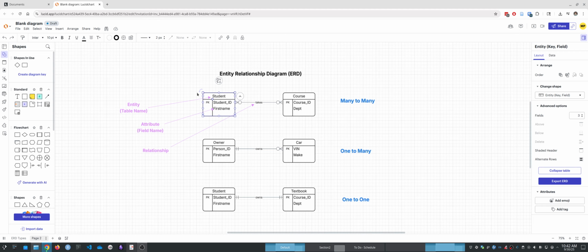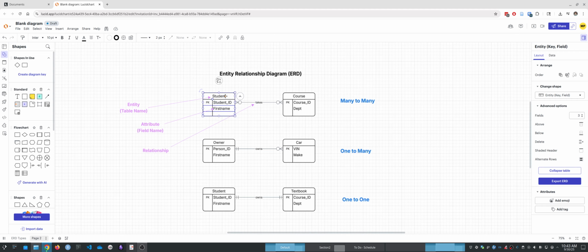With the diagramming convention that we're going to use, which is called crow's foot, this box here that's now highlighted is a table. The tables represent entities, and the name of the table or the name of the entity is in the top of that box. So student and course are entities, and we're going to store fields or attributes about those entities in columns or fields in each table.